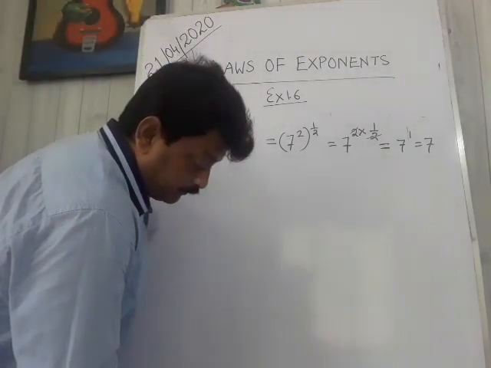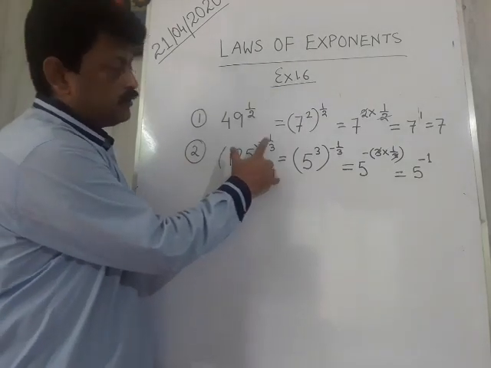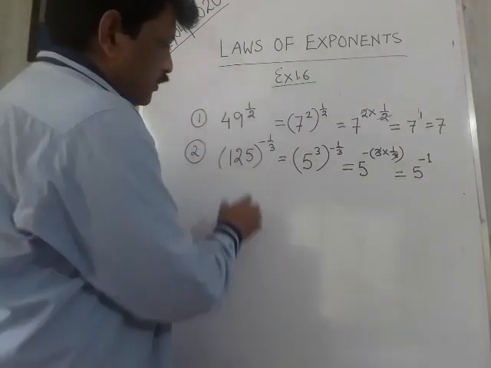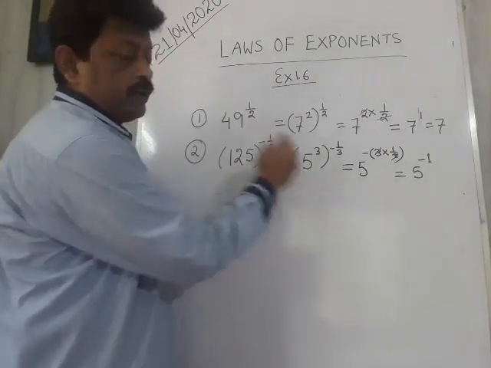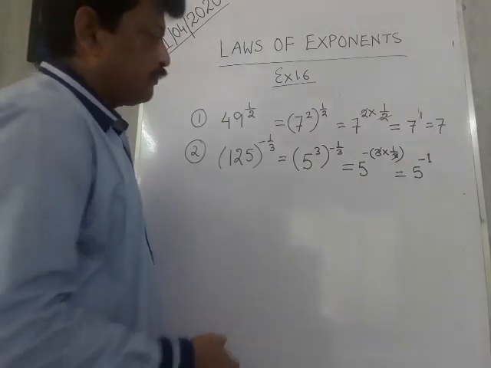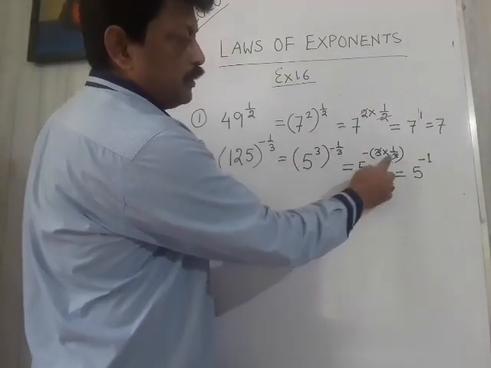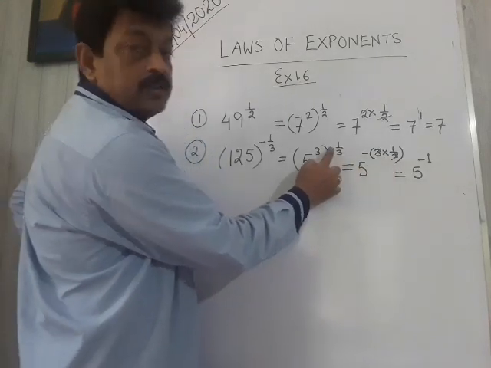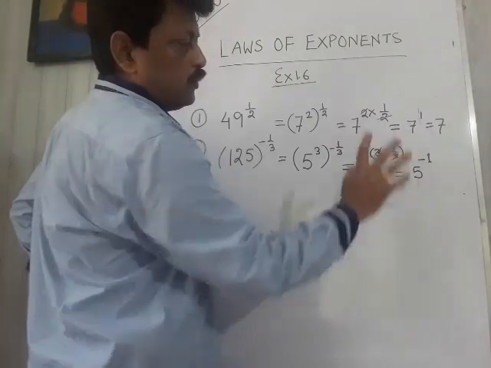One more example. 125 to the power minus 1 upon 3. So 125 can be written as 5 to the power 3, because 5 cube is 125, to the power minus 1 by 3. So these two powers will be multiplied. Since the minus sign is there, I am taking the minus sign outside the bracket, and 3 into 1 upon 3.